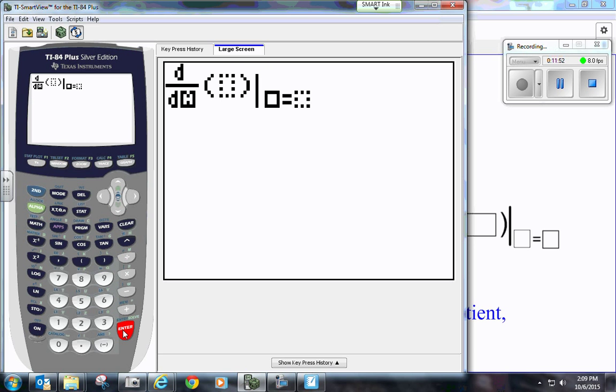It's d over dx. You always use an x variable. And in the parentheses, we put our original function. I want to find out what the derivative is. That's what d over dx stands for. The derivative of what? Of x squared. And what do I want the value of x to be? 10. When you hit enter, what do you get?